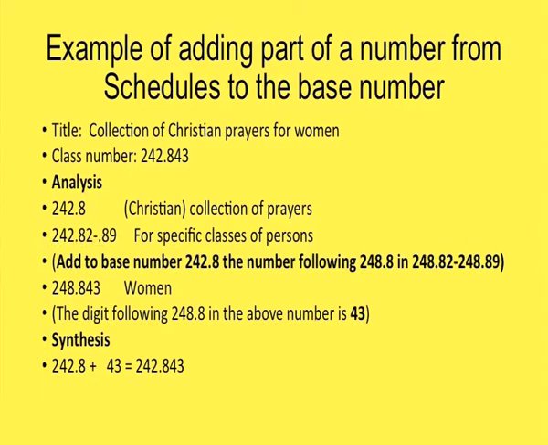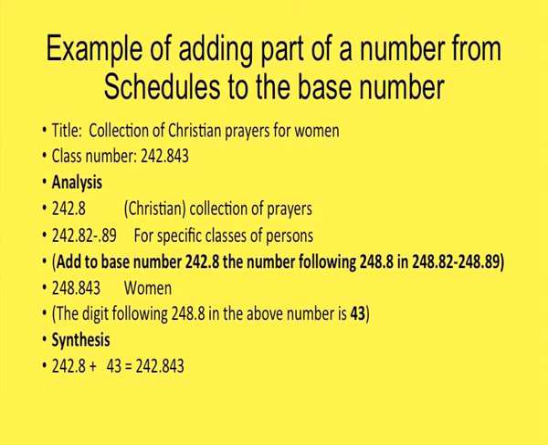So, 248.843 is the number for women, and we have dropped 248.8 as per instruction and added the number following this, that is 43. In this notation, the number 43 is the number for women. It has to be added to the base number 242.8. So, the complete number becomes 242.843.